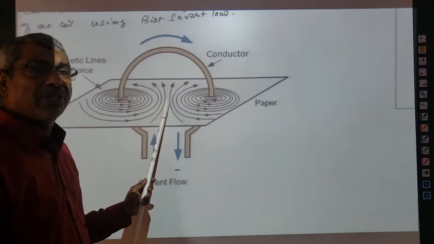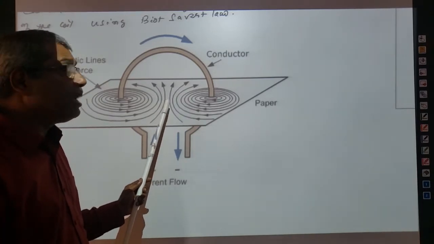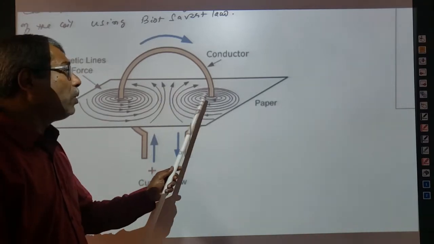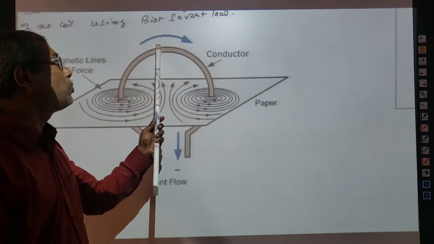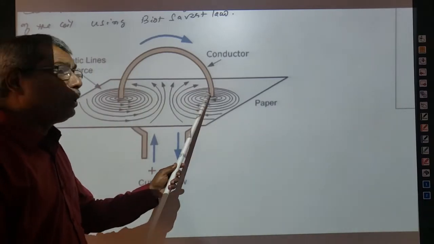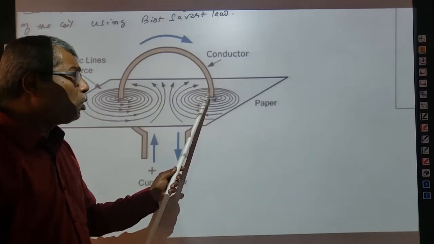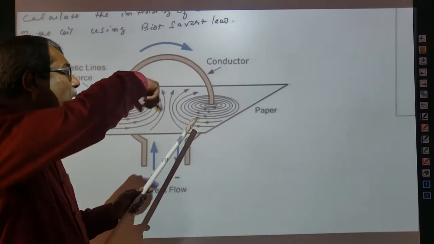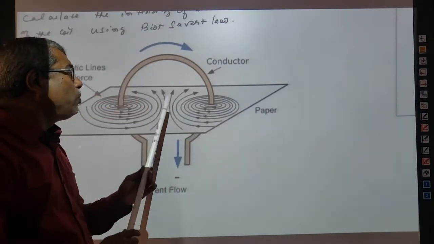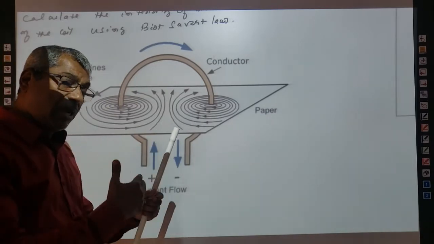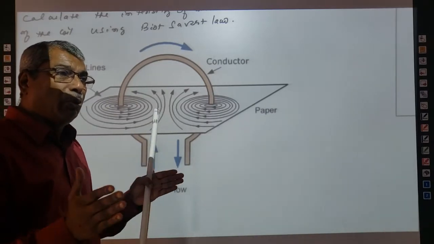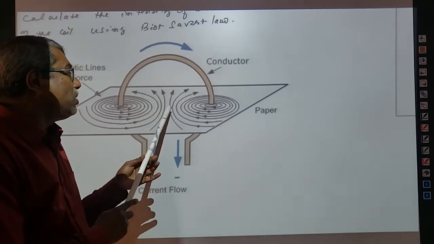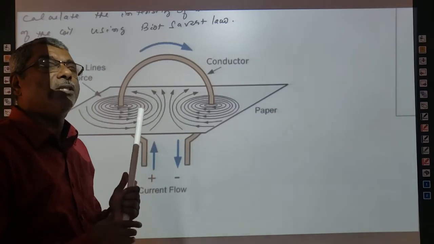So at the center of the circle you have seen that the intensity is much more. Why? Because every point contributes lines of force. Here we have taken only 2 points on this circular loop, but every point makes a circular loop like this. Every circular loop's contribution will come at the center, all the lines will be parallel, and since all the points contribute, the lines of force will be crowded at the center.